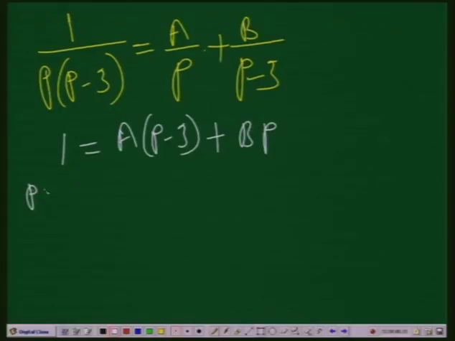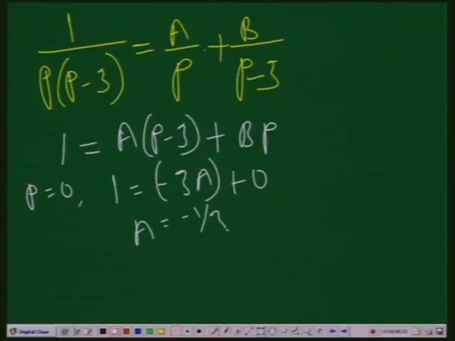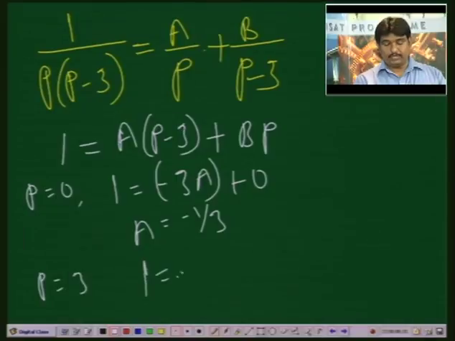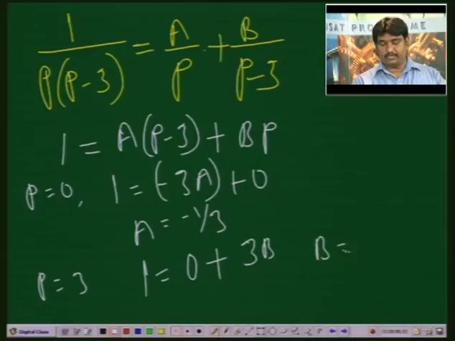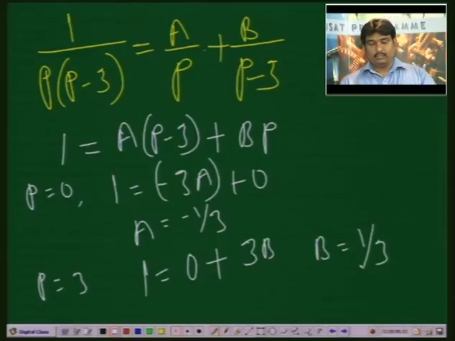Now put p equals to 0 to get 1 equals to minus 3a plus 0. So a equals to minus 1 by 3. This is a. Now put p equals to 3, that is, equate the other factor p minus 3 to 0 to get p equals to 3. You get 1 equals to 0 plus 3 into b, therefore b is 1 by 3.